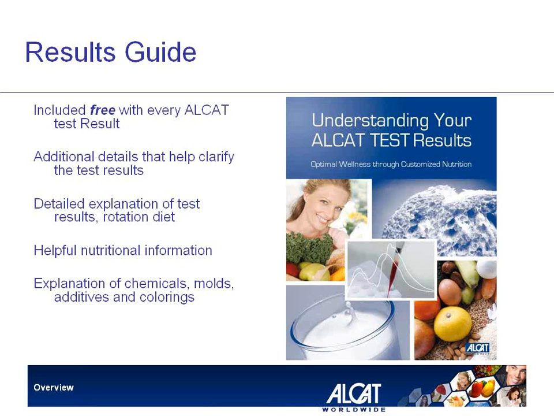It goes over all the food additives, food colorings, the molds. It gives nutritional guidelines, cooking tips, information on vitamins, minerals, supplements. So it's a very helpful guide for anyone, whether you've taken the ALCAT test or not. It's a very helpful nutrition guide, if you will. And that comes free with every test that you take. Also available on our website.